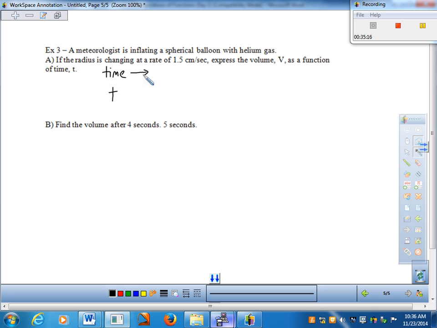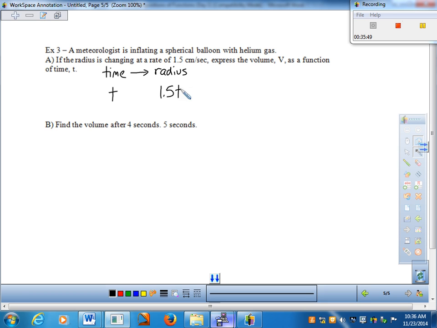So if I have the number of seconds, I can probably just multiply that by 1.5, and that would give me the number of centimeters for this radius. So it seems to me, trying to make somewhat of a long story short, that if I have time, then I can easily calculate the radius. The radius is 1.5 times the number of seconds, 1.5t.